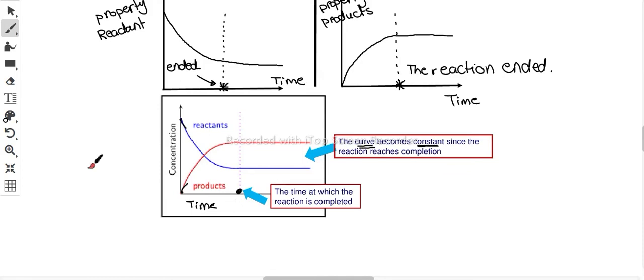So if they ask you as a question, outline, state why the curves at the end of the chemical reaction become constant, this is an indication that the chemical reaction is completed. The reaction reaches completion. So this is the time. And both of them will have the same ending, no matter if you are following reactants or products.